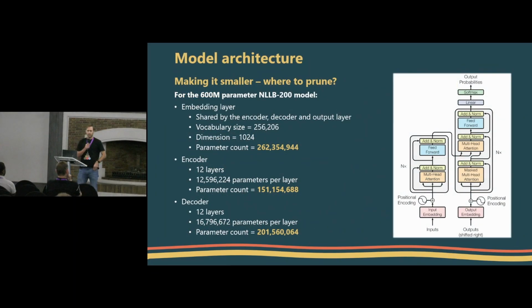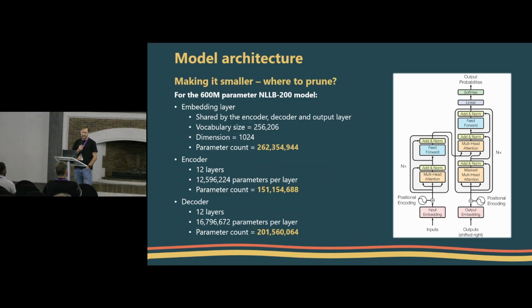Right, so model architecture. If we have a model that has 600 million parameters, and you have a goal to make it smaller, to get it to 50 million parameters, it's quite useful to understand where the parameters are used. I think people talk about a weights or a parameter budget at times. So we can break this up into 3 main components.